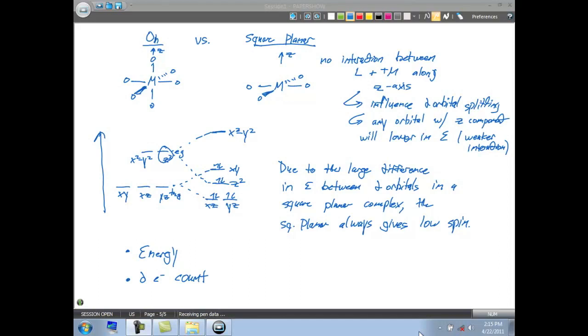These two concepts will help you analyze all of your different transition metal complexes. All the properties, the color, the magnetism, all the great properties of these transition metal complexes center around these two. So I'm going to wrap it up for today.